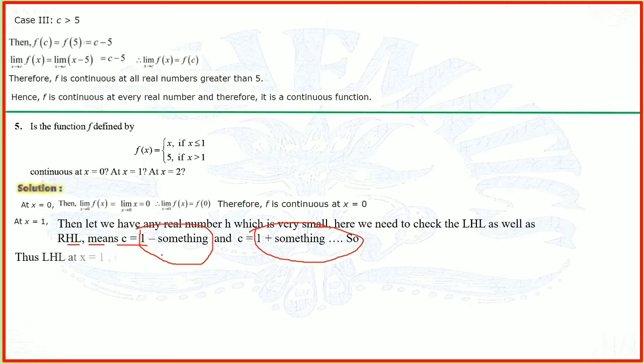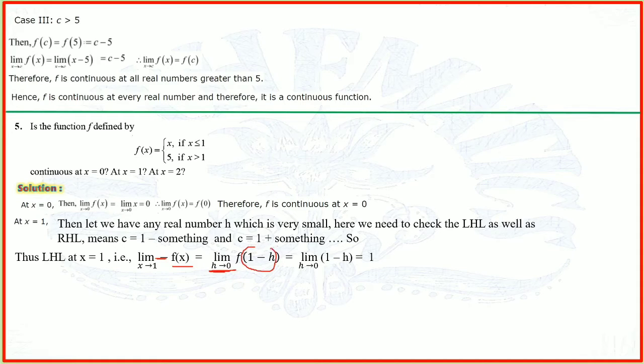So let us proceed. Thus the left hand limit at x is equal to 1, limit x tends to 1 minus of f of x, is equal to limit h tends to 0 of f of 1 minus h, as I explained in the previous question.